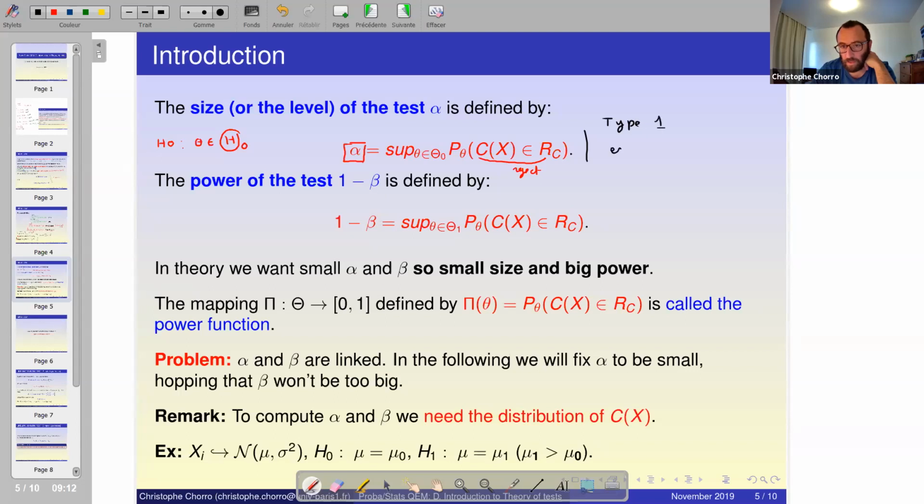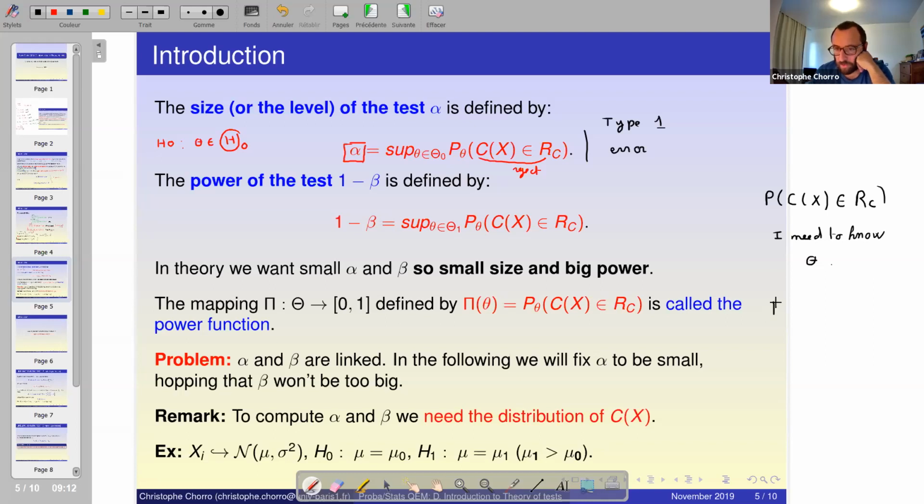So it's something that is related to the type 1 error. Just a remark concerning this situation: what is the meaning of P theta? If I want to compute this probability, since my statistic depends on the observation, I need to know theta, because my distribution depends on my unknown parameter.